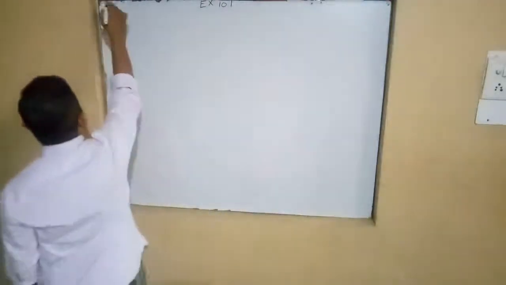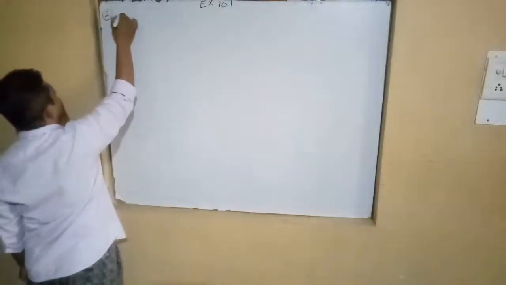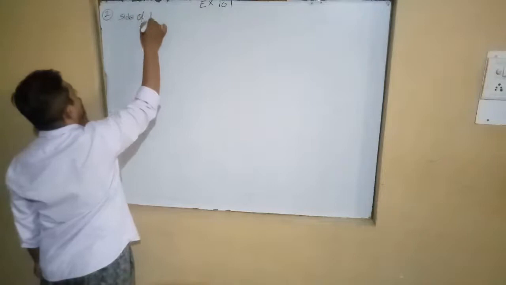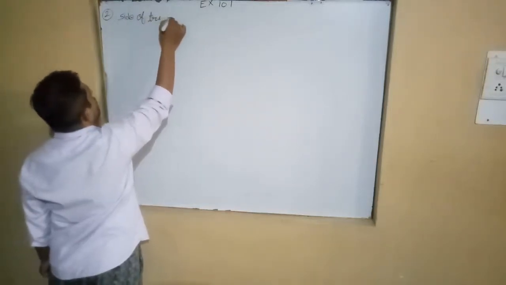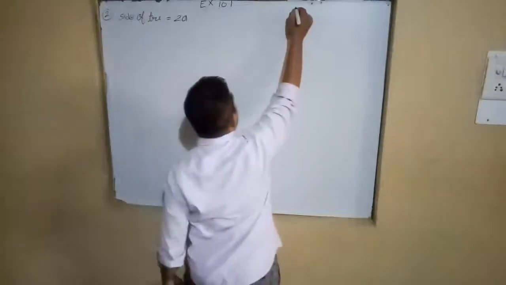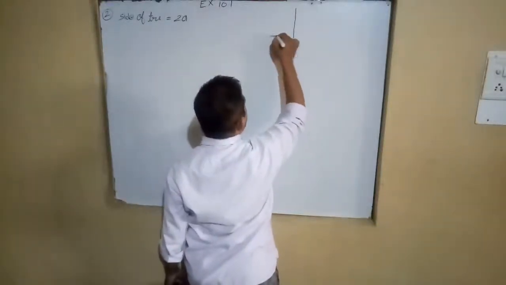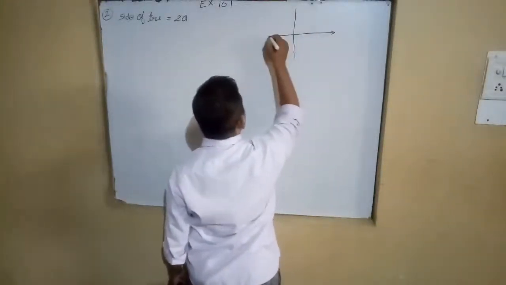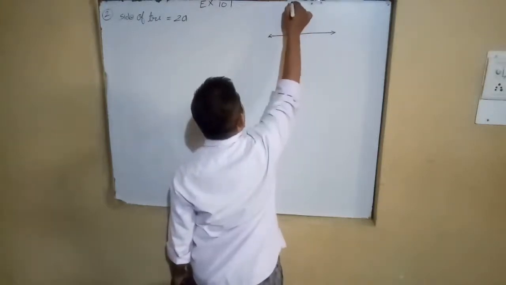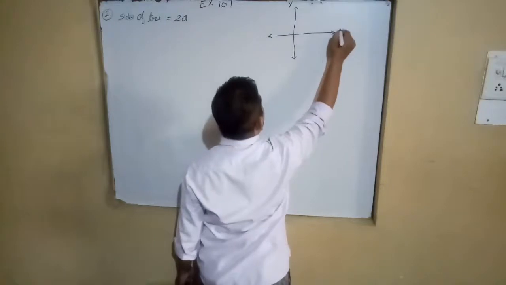We have to find the vertices of the equilateral triangle. So in the second one we first write: side of triangle is equal to 2a. Now according to the question, first we have to draw a diagram. This is our y-axis and this is the x-axis.